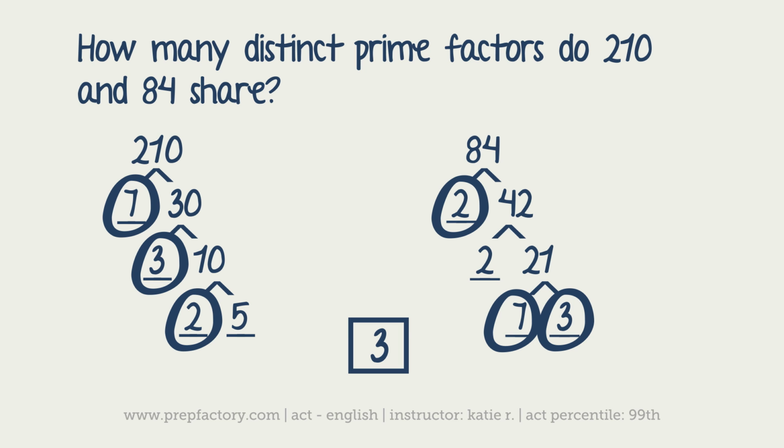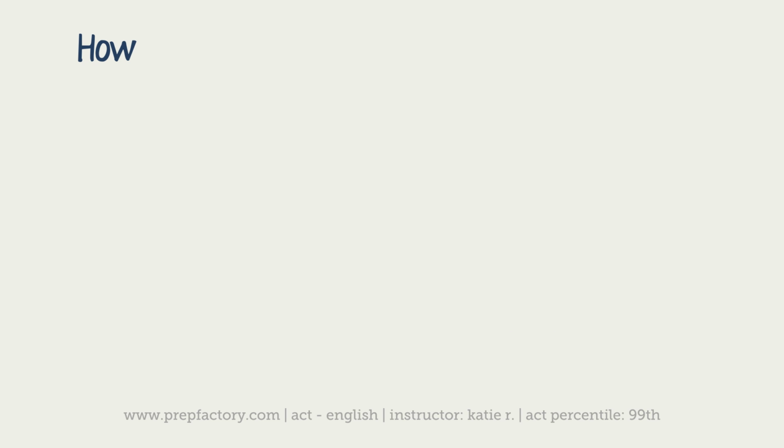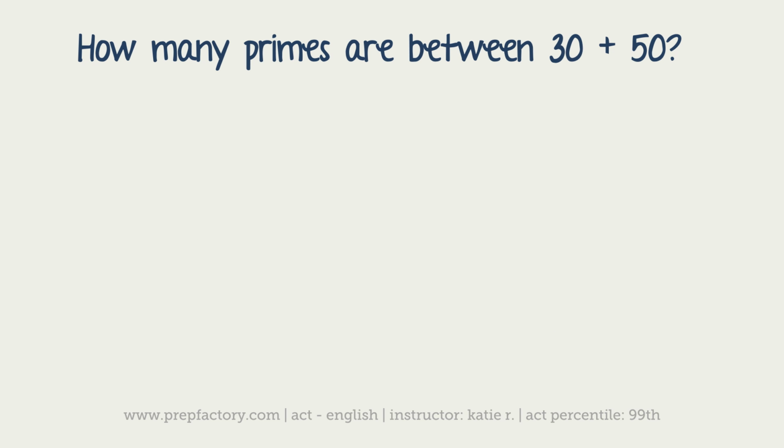Another thing that they could ask is for you to find the number of primes in a given series of numbers. So for instance, they could ask you how many prime numbers are there between 30 and 50. If I got that question, you should automatically know that even numbers are not prime other than the number 2.